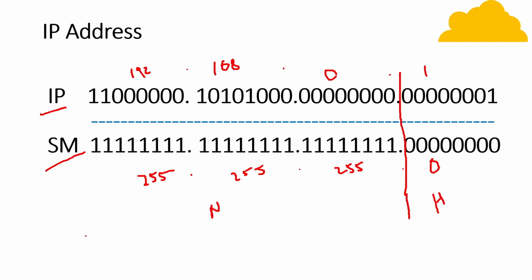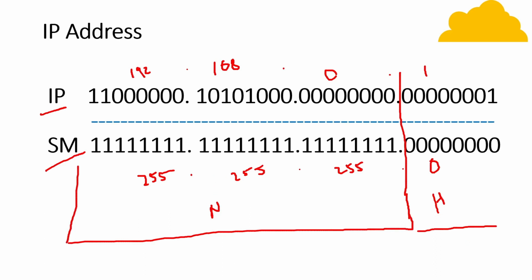So since the entire part of this range of subnet mask decides on the network, and this is deciding on the host part. So maximum we can have an IP address of 255, which is starting from 0 to 255, and there can be over 2 million networks.